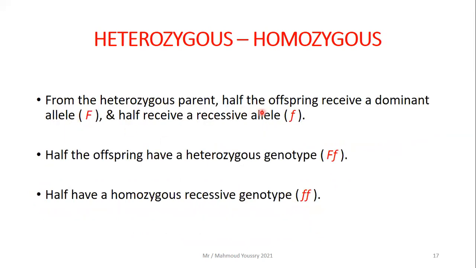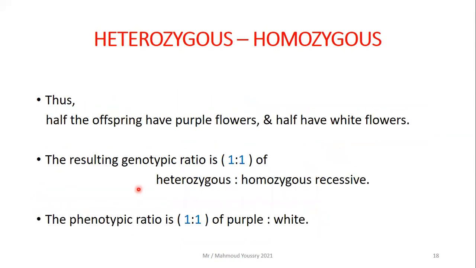From the heterozygous parent, half of the offspring receive a dominant allele, capital F, and the other half receive the recessive allele, small f. So half the offspring have a heterozygous genotype, capital F small f, while the other half have a homozygous recessive genotype, small f small f. So half the offspring have purple flowers and the other half have white flowers.